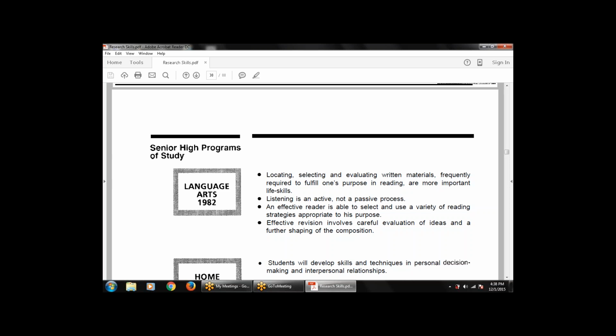An effective reader is able to select and use a variety of reading strategies appropriate to this purpose. That is also a part of the English category, that is the language arts 1982. Then effective revision involves careful evaluation of the ideas and a further shaping of the compositions.